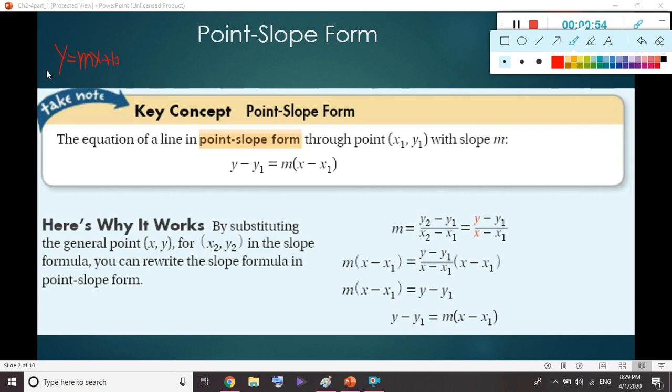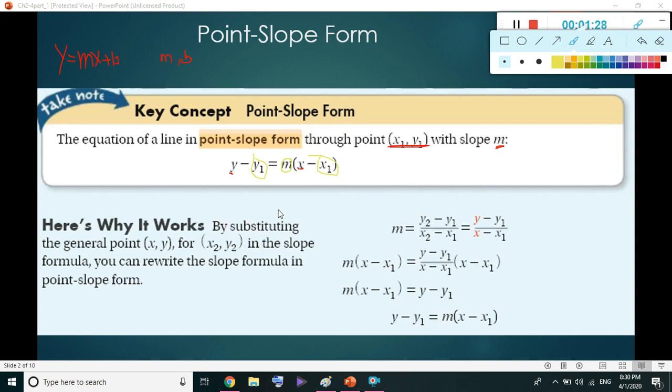When we had the slope-intercept form, they used to give us m, or we have to find m, and the y-intercept, which is b. Then we substitute in the slope-intercept form. Now in the point-slope form, they're going to give us a point and a slope, and then we substitute them. So y and x will stay as they are, and we're only going to substitute inside y1, m and x1.